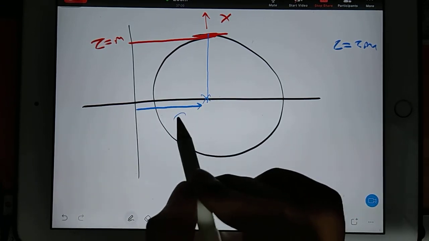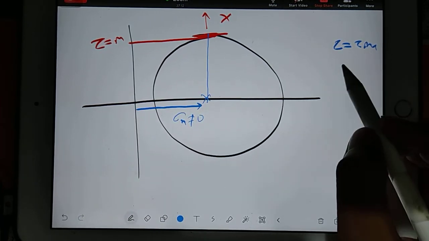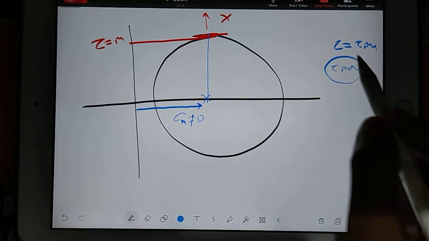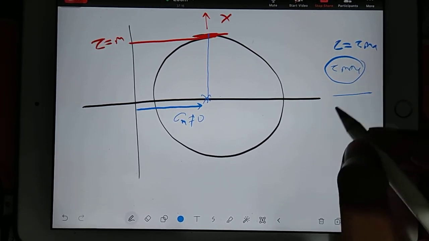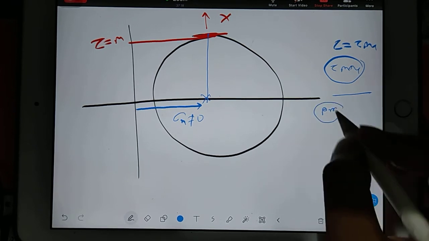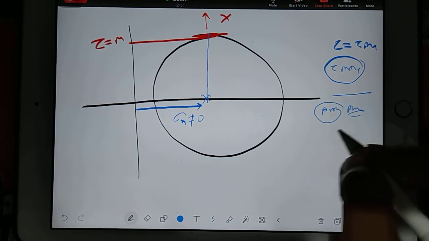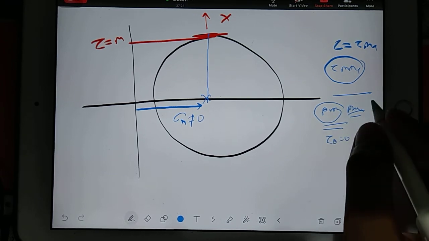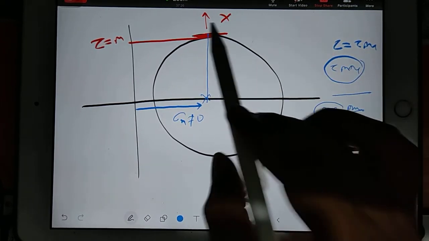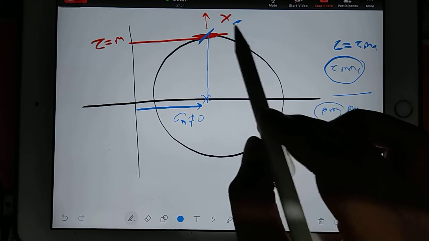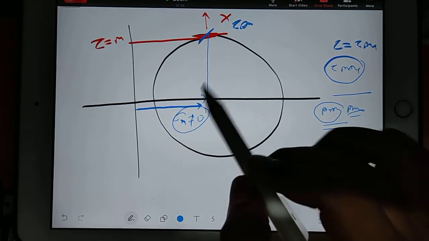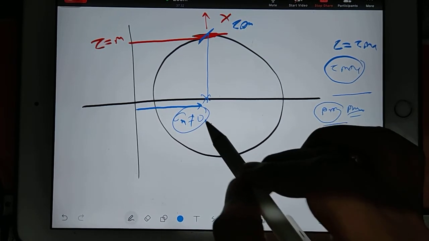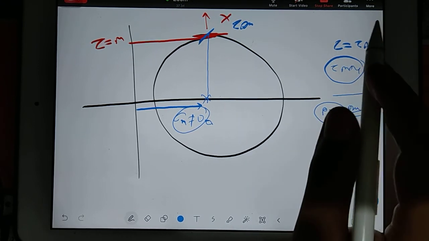So sigma n is not 0 on the plane where tau is max. But the principal plane says that on the principal plane tau theta will be 0. The plane where tau is max, your sigma is not 0. It will give some finite value. It is very interesting to know.